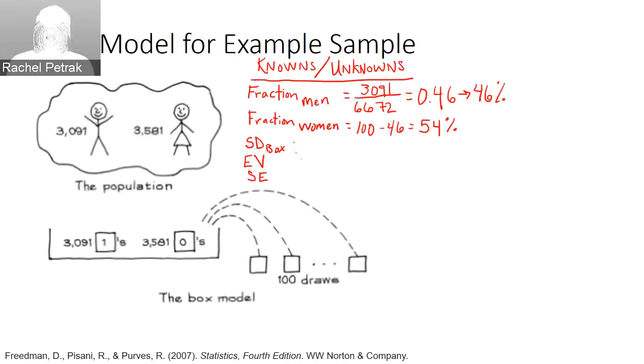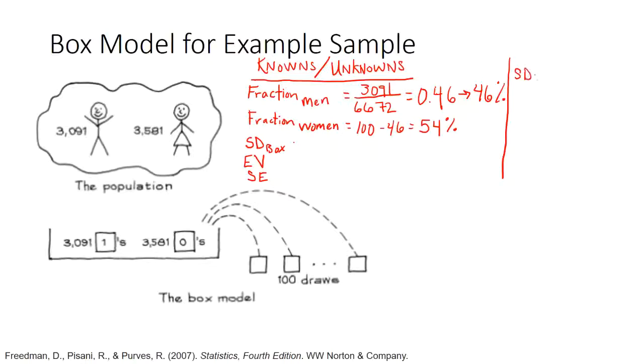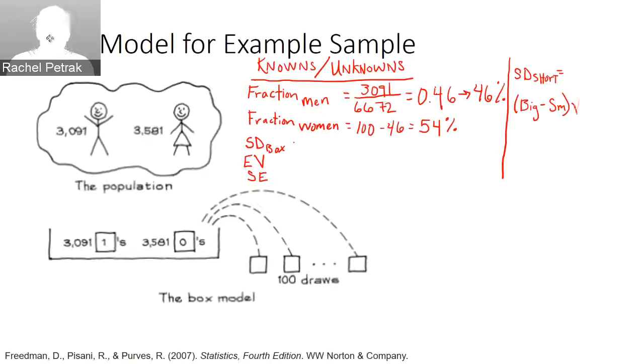To get the standard deviation of the box, we need to remember our standard deviation shortcut. That was equal to the big number minus the small number times the square root of the fraction of big times the fraction of small.